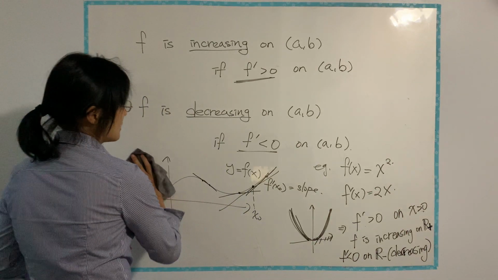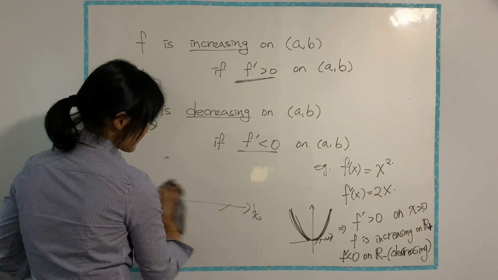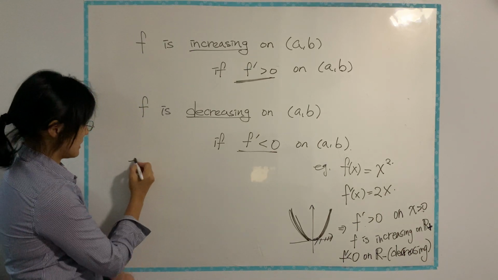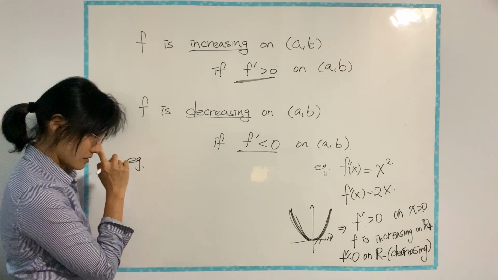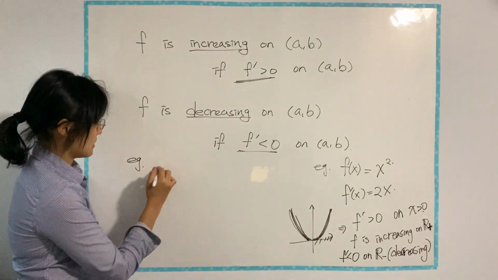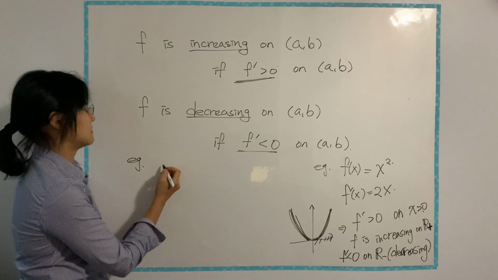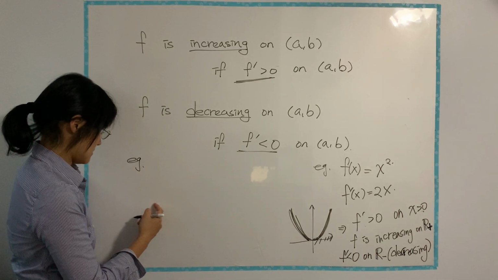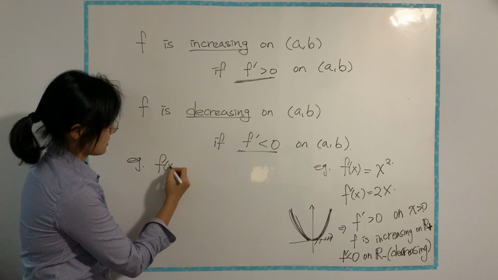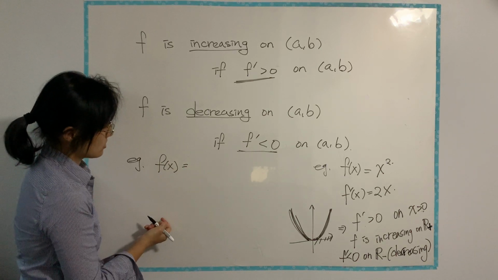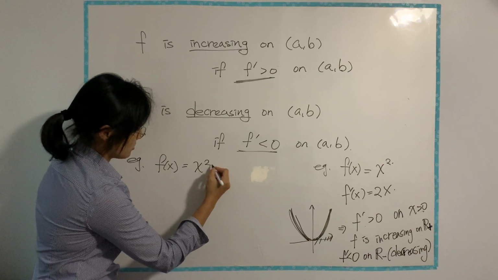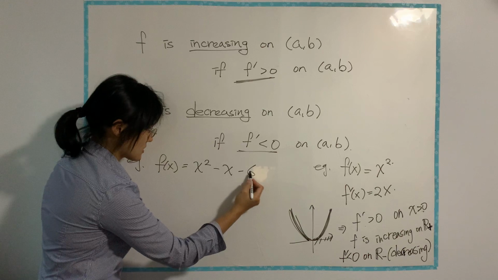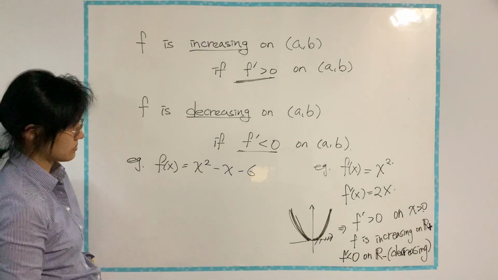For example, let's look at another example. So let's say I have f of x equals x squared minus x minus 6, for example.